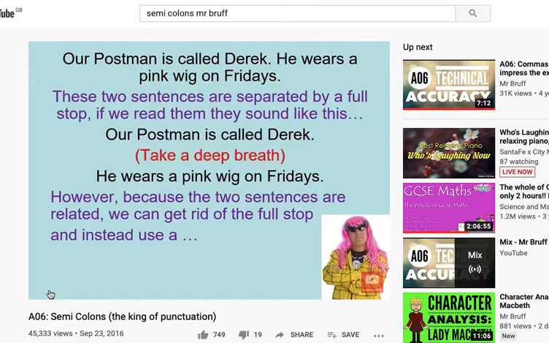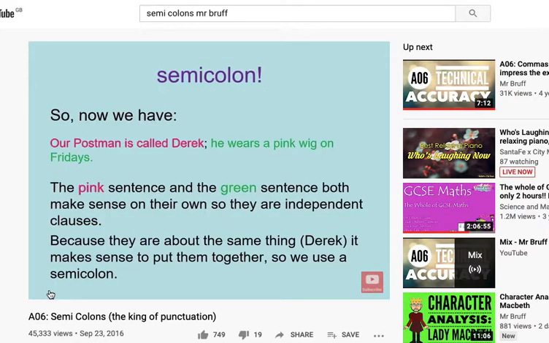But we know the two sentences are related. They're both about the same thing. Now, at this point, a lot of people put a comma in, but a comma is never used to divide two complete sentences. That isn't the job of a comma. That's called comma splicing. It's a very common mistake, if you'll pardon the pun, common. So we never do that, okay? What we do is we use a semicolon.